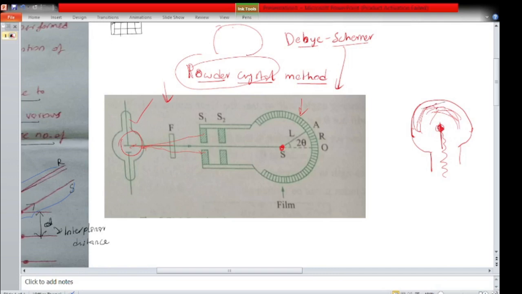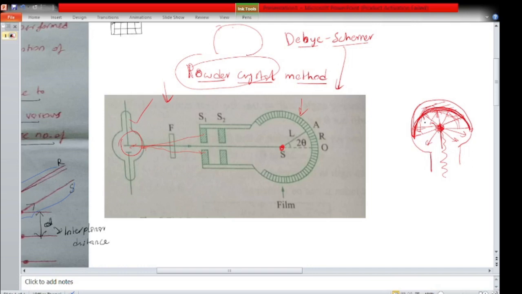So the reflection goes in different directions and will be captured by the photographic plate. We will have the photographic plate over almost 180 degrees, and whatever reflection comes will be recorded.